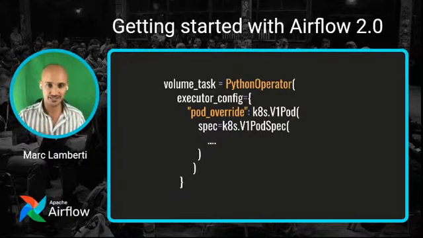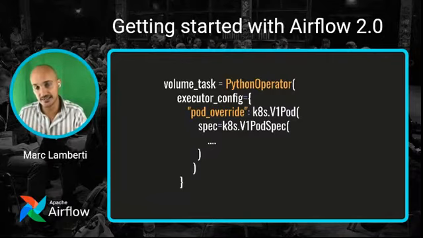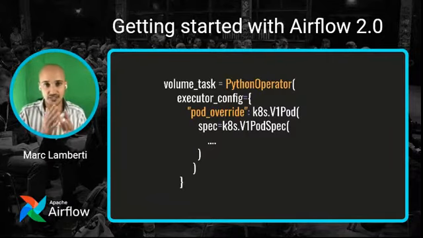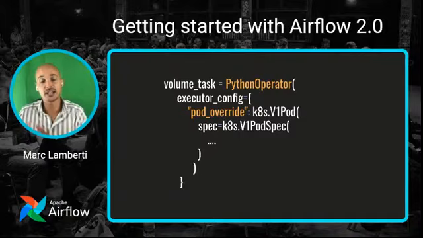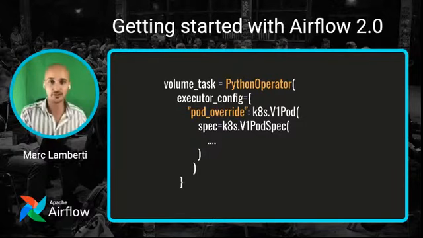So if you use Kubernetes, this is super important. Because you might want to specifically modify things for a specific task. You might want to specifically override a pod for a specific task. And you can do that with the executor config without any limitations. That's the difference between Airflow 1 and Airflow 2.